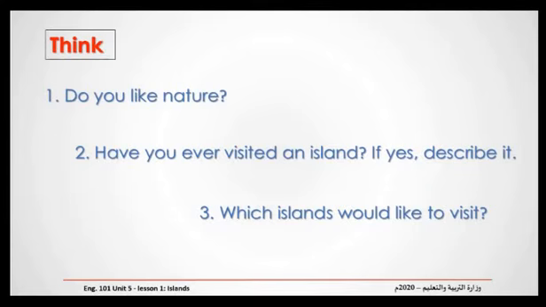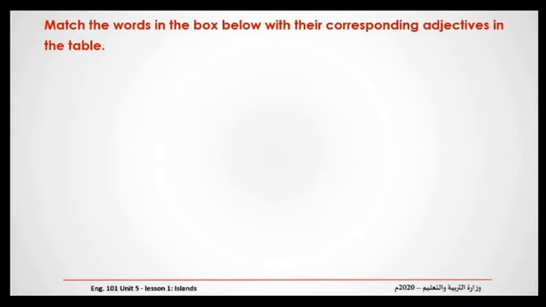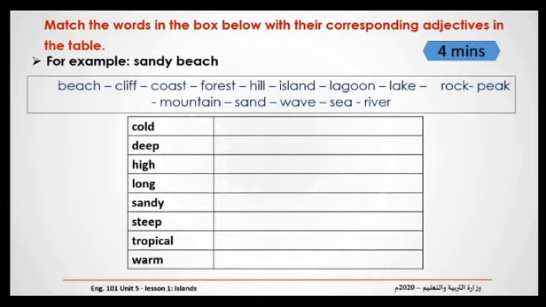Okay, dear students, now let's look at our first objective. Match the words in the box below with their corresponding adjectives in the table. For example, sandy beach. If you look at the box, we've got the names or the nouns, names of landscapes that we had last time.